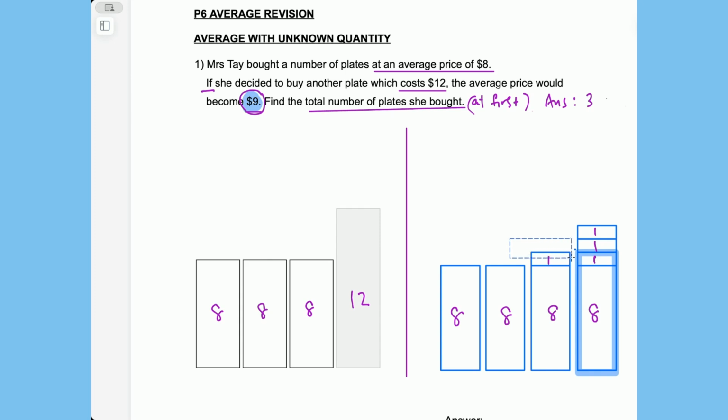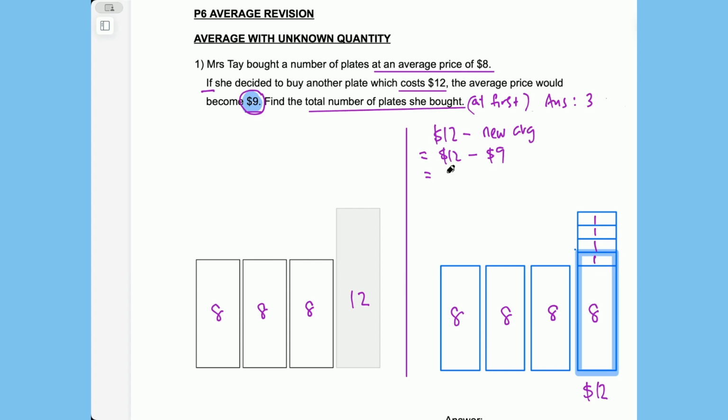So to find the number of plates that she bought at first, we use the 4th plate that she buys, which is 12, right? So you take $12 minus the new average, and that will be $12 minus 9.